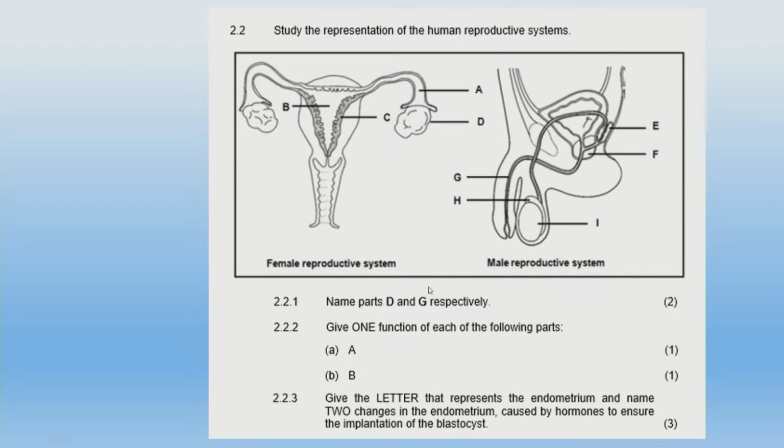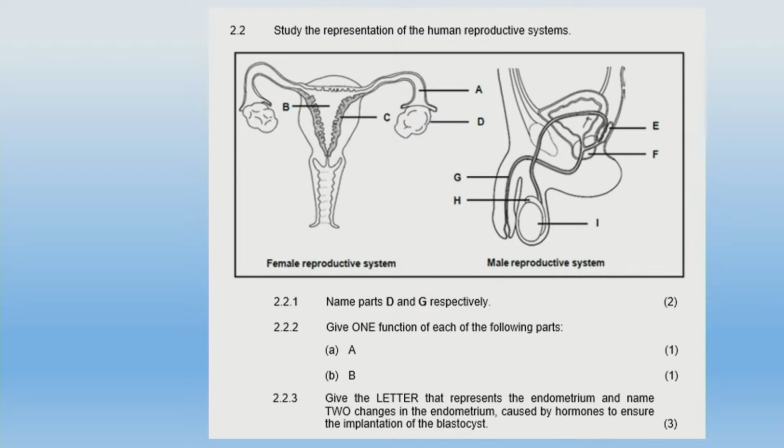Then question 2.2.2, give one function of each of the following parts. Part number A. Here is part number A. I'm sure that you still remember that part number A represents the fallopian tubes. So what is the function of the fallopian tubes?